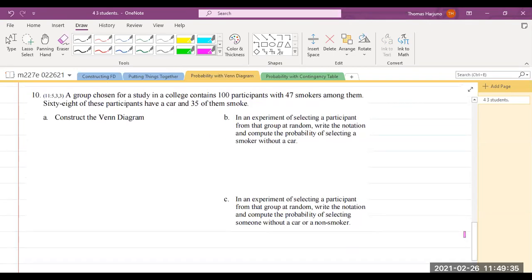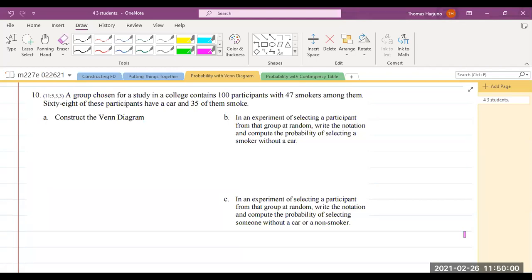Okay. A group chosen for a study in a college contains 100 participants with 47 smokers among them. Now, 68 of these 100 participants have a car, and 35 of these 68 smoke.